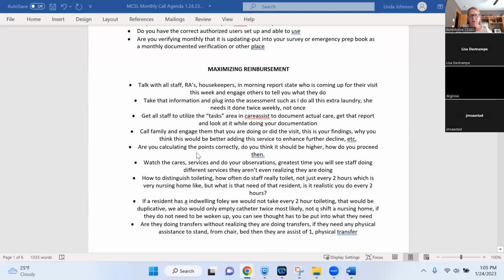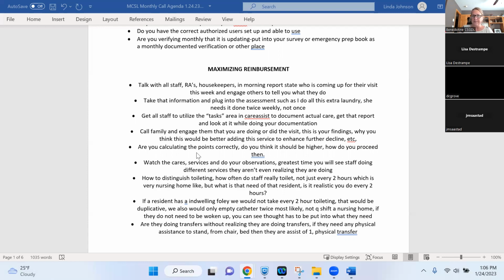Just making sure that you're looking at points as, you know, a point is about a minute of time. So if you have a 20-minute service and you know it's taking them 45 minutes and it's a white box, we can change that time in that box and make it accurate for that resident. That's the purpose of it. And then I would just explain that in my notes to the aides, like, this is your time. You have 45 minutes.